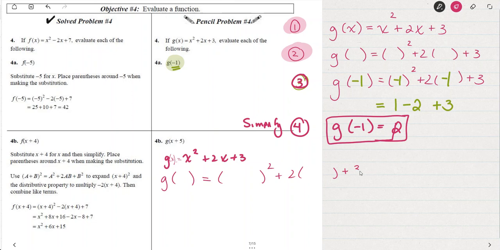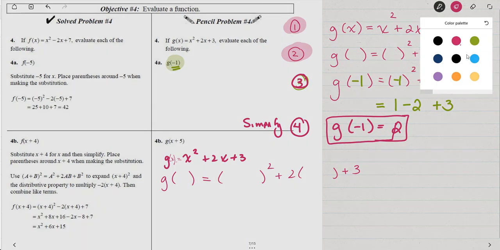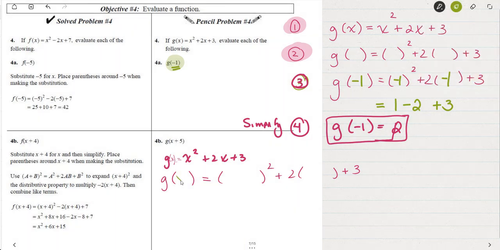I did this one a little bit bigger. I left the space a little bit bigger because I've got a bigger expression that I'm putting in there. I'm going to replace this one with x plus 5. So I'm substituting the x plus 5 in for each empty parenthesis, and now I'll simplify.